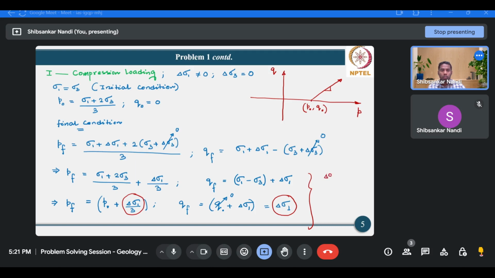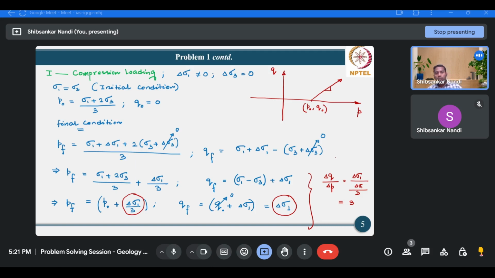So if you try to plot delta Q by delta P, it will be delta sigma 1 by delta sigma 1 by 3, that is 3. Okay, so this is the slope delta Q by delta P that you will get for compression loading.